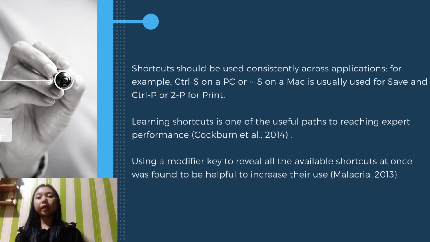Using a modifier key to reveal all the available shortcuts at once was found to be helpful to increase their use (Malacria 2013). Since typing keyboard shortcuts becomes impractical or impossible with touchscreen devices, other techniques are being devised for smartphones and tablets.